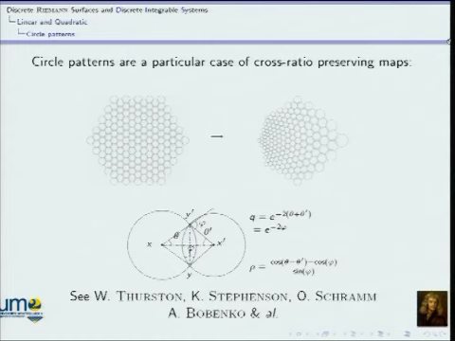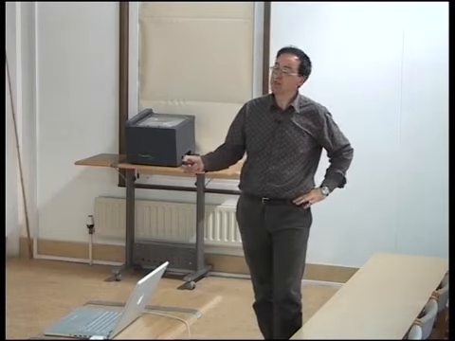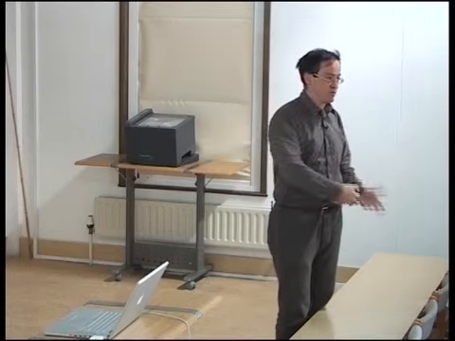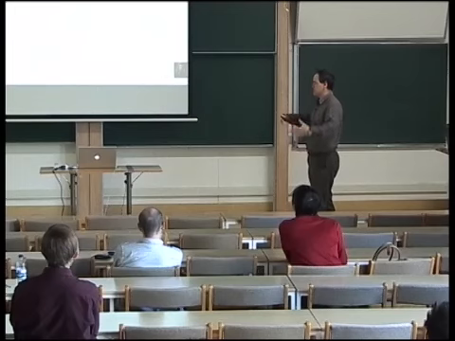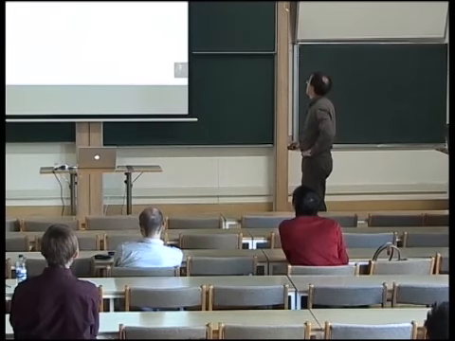Well, it happens that the cross ratio of the centers of the circles and intersection points, the cross ratio of these four points, is given by the intersection angle. It doesn't work in the linear case. So a special case of cross-ratio preserving maps are circle patterns. And here you can see this notion of local similitude. Each circle is locally sent to a smaller or a bigger circle.